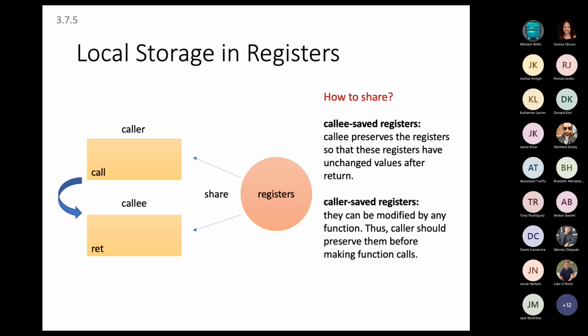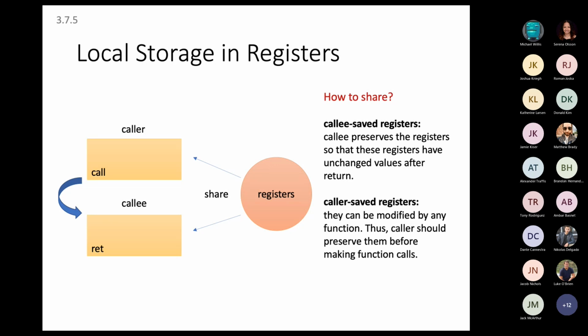Let's say the caller uses register RBX. RBX is used by the caller. And then when you make the function call, it could be possible that a callee can also use the RBX. Apparently, there is a potential conflict when two parties, caller and callee, share the same set of registers.